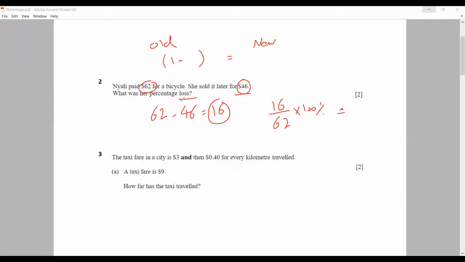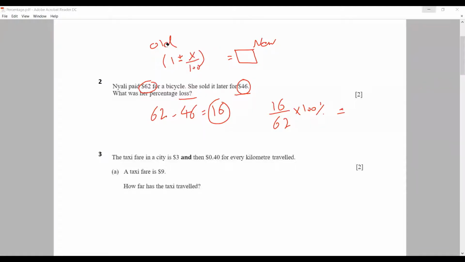If it's a profit or increase, you put plus and then you add. So here goes the old price and here you get the new price. And what should we put here? That's the value of the percentage we're looking for. Let's put X over 100, that's the percentage.